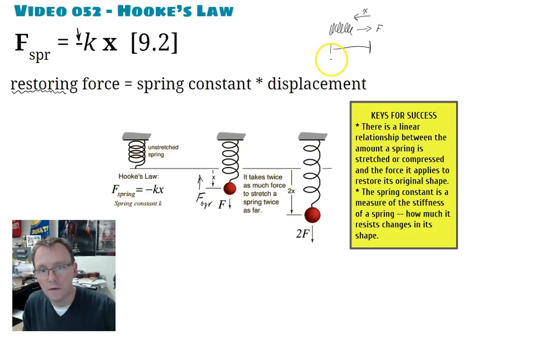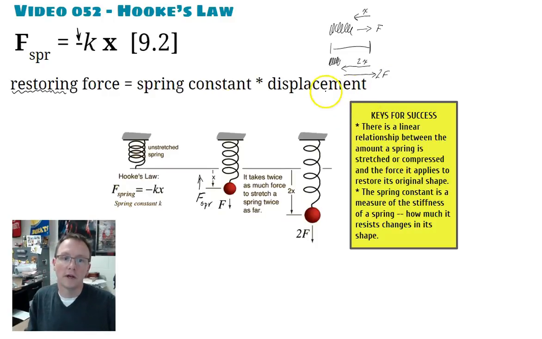If you then took the same spring and gave it double the displacement, so that's 2x there, he found that the force applied backwards should be 2F. That's all there is to it. Again, the negative sign there just means they're in opposite directions.